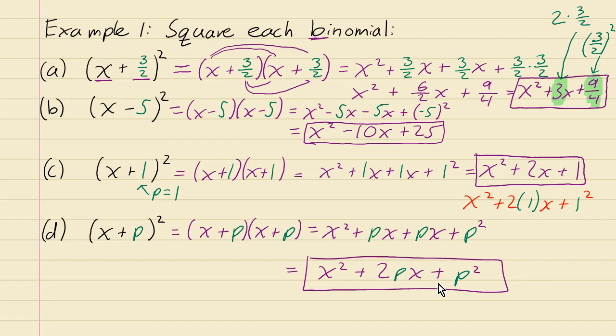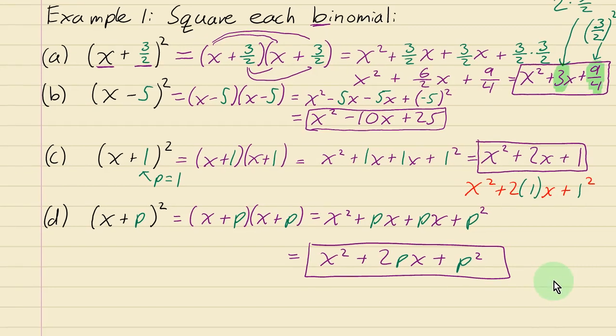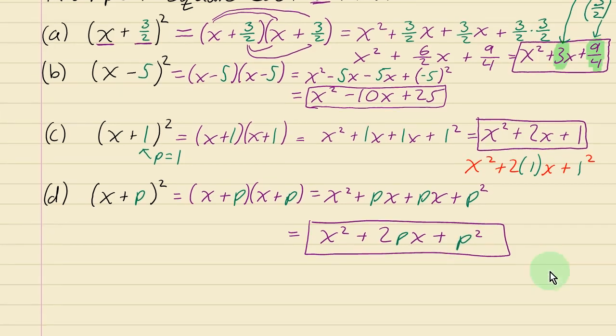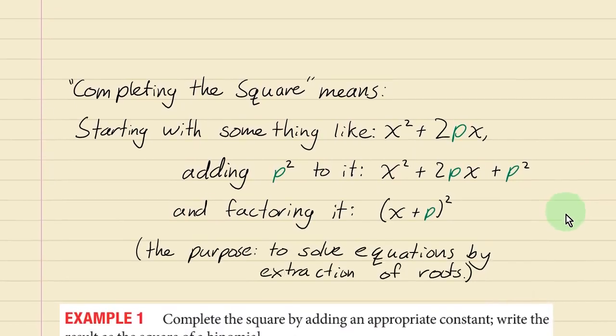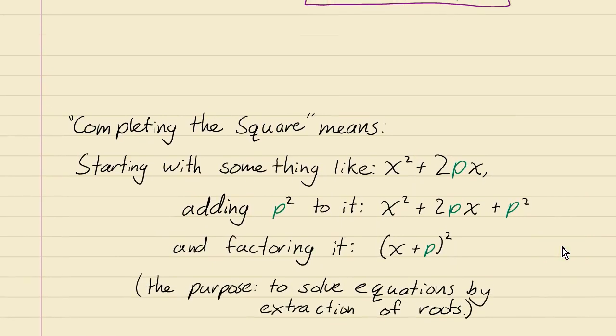But what we're going to do to complete the square is take something that doesn't have the p squared yet, figure out what p squared is, and add that to your expression. So completing the square means starting with something like x squared plus 2px.